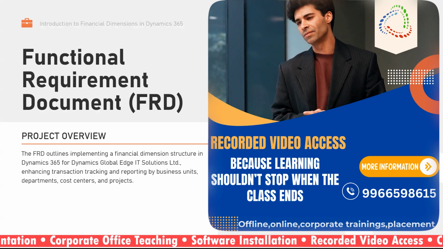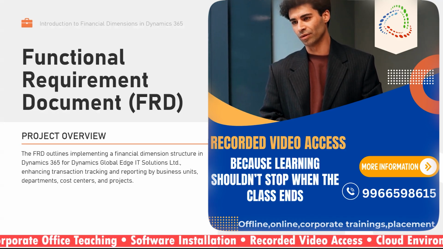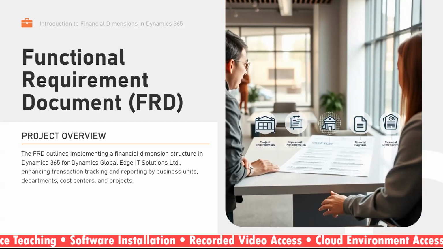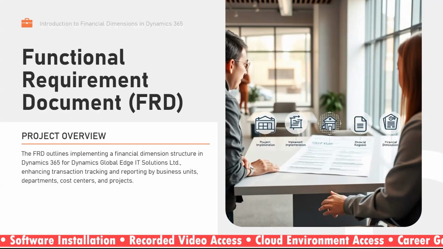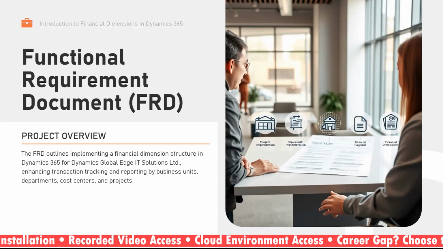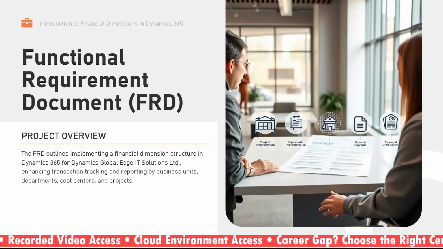That FRD outlines implementing financial dimension structures in Dynamics 365 Finance and Operations for Dynamics Global Edge IT Solution Limited. It will enhance transaction tracking and reporting by business unit, department, cost center, and projects, and then we can use many other things as per the client requirement.